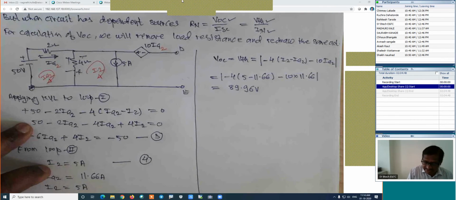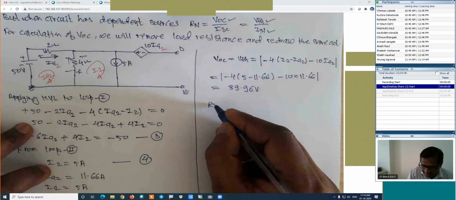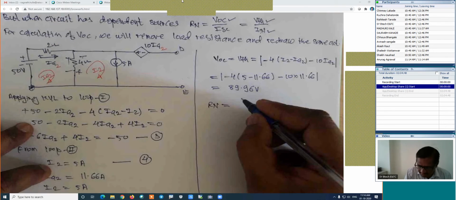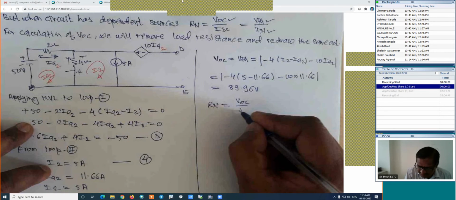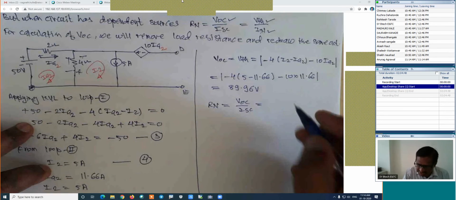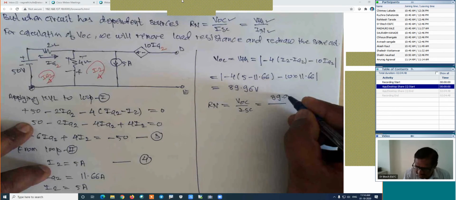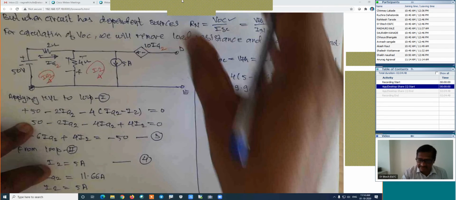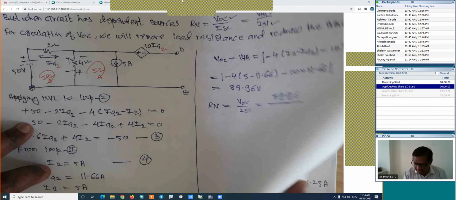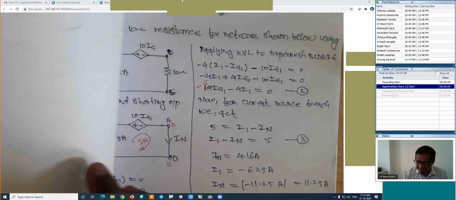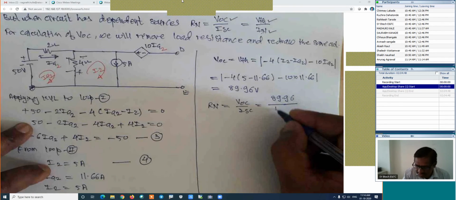Now, if we know the VOC and ISC, we will find out the RN directly. This RN is equal to, what is the formula? VOC upon ISC. How much is the VOC? 89.96 volt is the VOC divided by ISC. How much is the ISC here? We have already calculated. ISC is nothing but IN, which is 11.25. Is it right? It is 11.25.